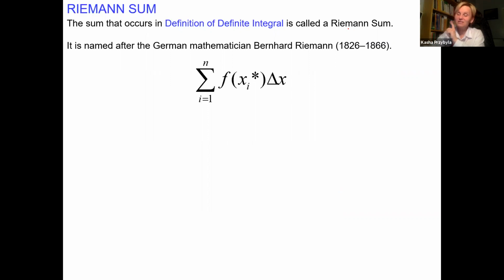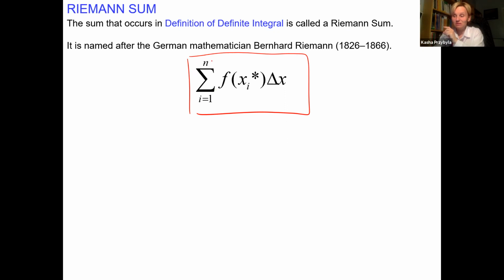So you may sometimes hear, instead of saying approximate the area under the curve using, say, 10 rectangles, dividing the given interval into 10 rectangles and adding them together, compute the Riemann sum. The Riemann sum is simply the addition of all of these areas of the rectangles.